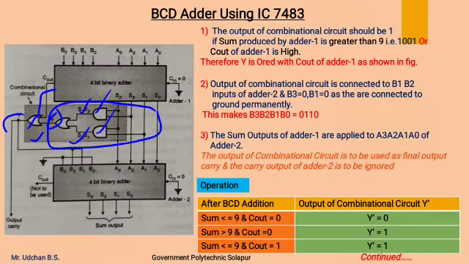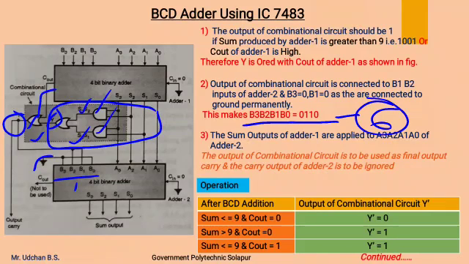Now this Y dash is connected to the other 4 inputs of the second binary adder, B3, B2, B1, B0. Out of that, this Y dash is connected to B2 and B1, and B3, B0 are connected to ground, by which B3, B2, B1, B0 will always be 0, 1, 1, 0, that is 6, which we have to add into a wrong sum or invalid BCD.